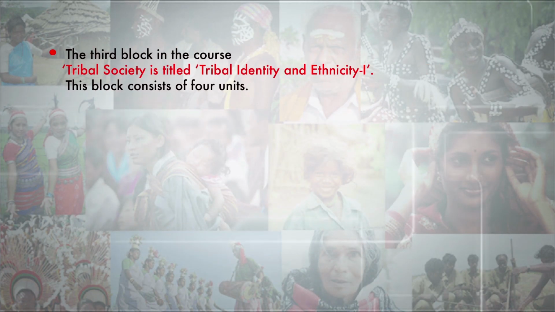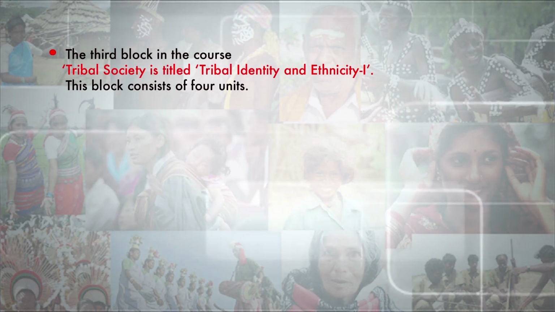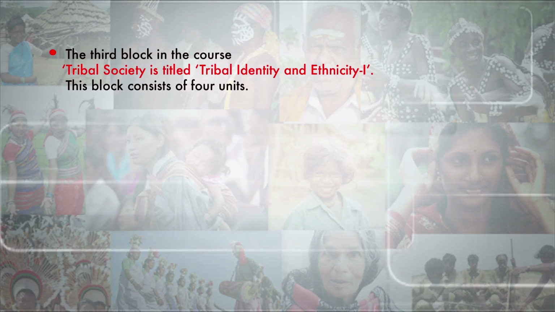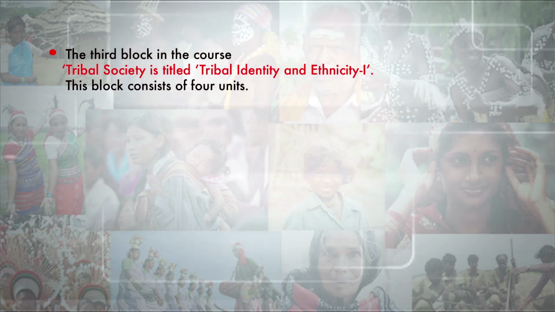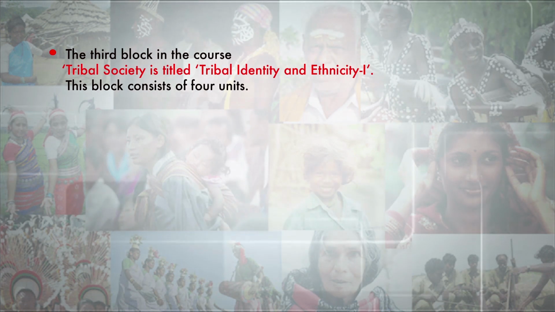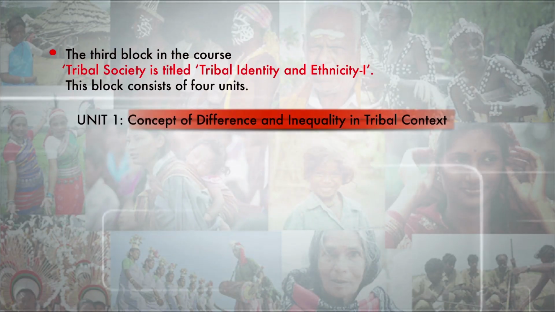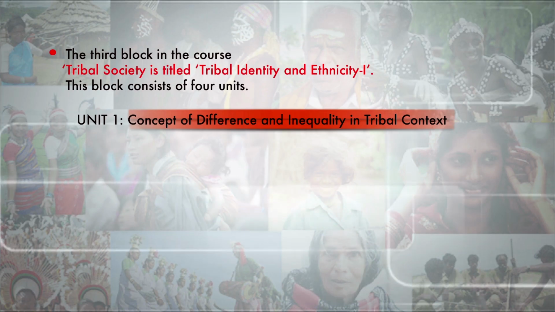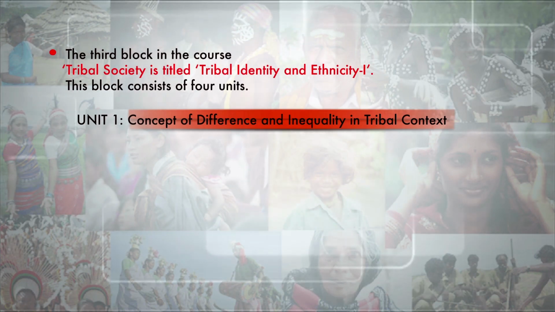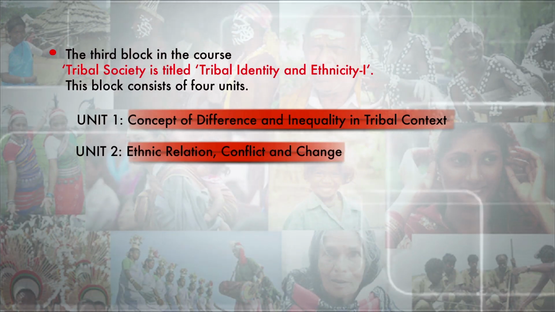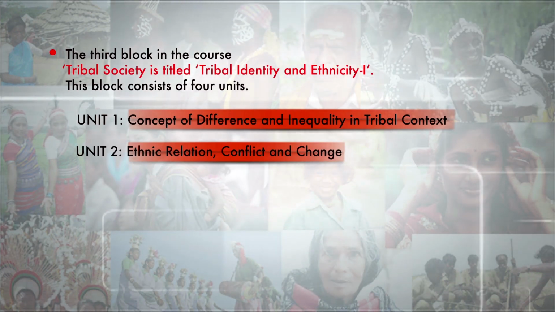The third block in the course Tribal Society is titled Tribal Identity and Ethnicity 1. This block consists of 4 units. Unit 1 is titled Concept of Difference and Inequality in Tribal Context. Unit 2 is titled Ethnic Relation, Conflict and Change.